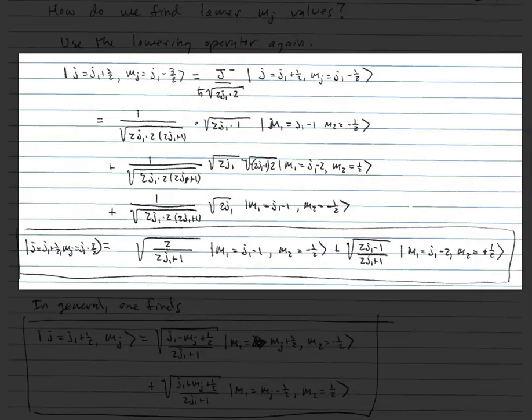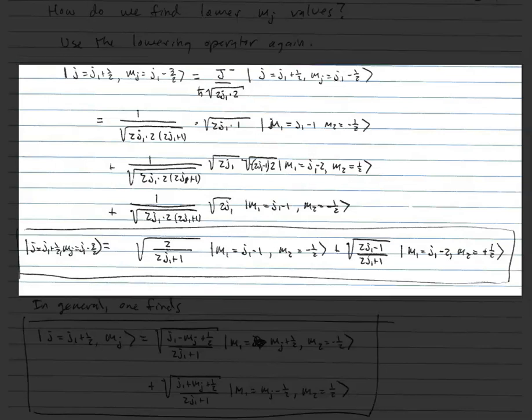And then you find that there's a simplification. A lot of the terms cancel, and you end up with this final result, which is square root of 2 over 2j1 plus 1, m1 equals j1 minus 1, m2 equals minus a half, plus square root of 2j1 minus 1 over 2j1 plus 1, the state m1 equals j1 minus 2, m2 equals plus a half.